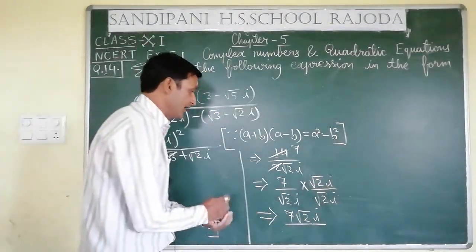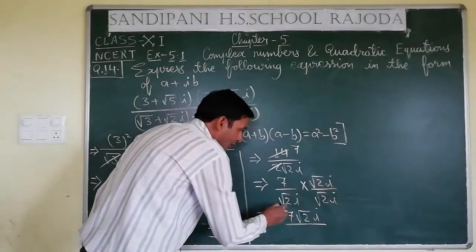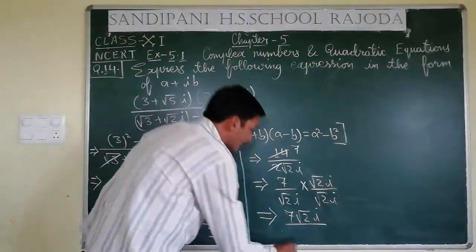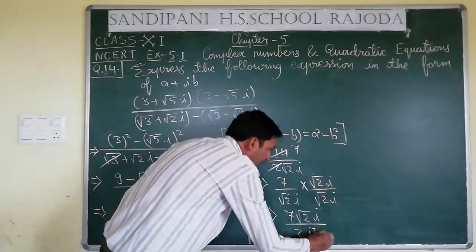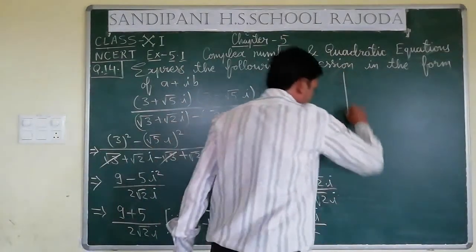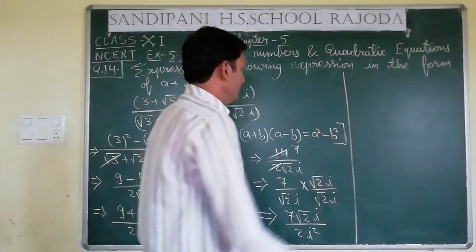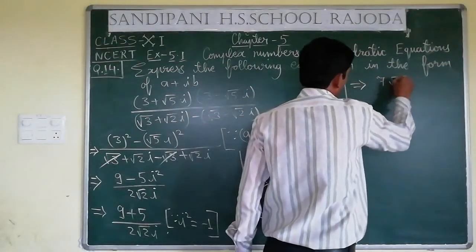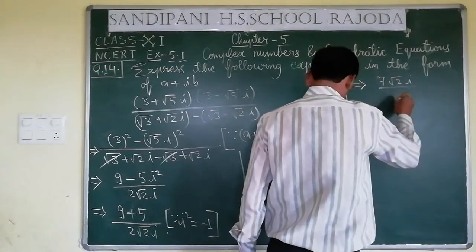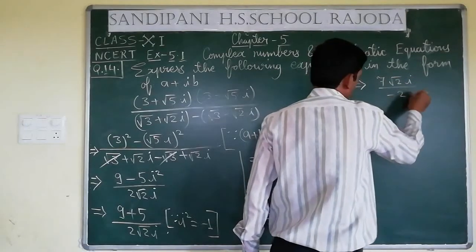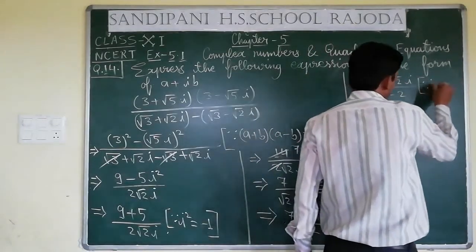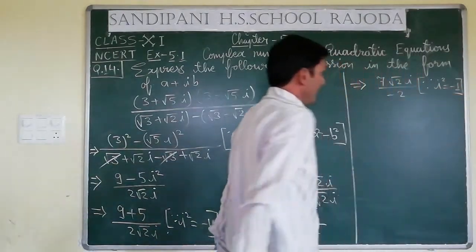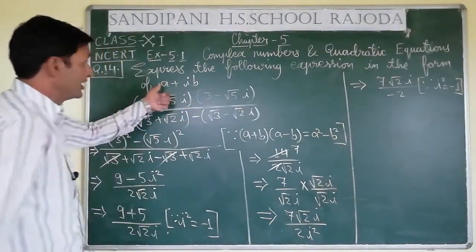So now it will be 7 root 2i upon root 2 into root 2 will be 2, and i into i will be i square. So it will be 2i square. Now lastly, what will happen? It will become 7 root 2i upon minus 2, because i square value is equal to minus 1. Now what is the need of our question?